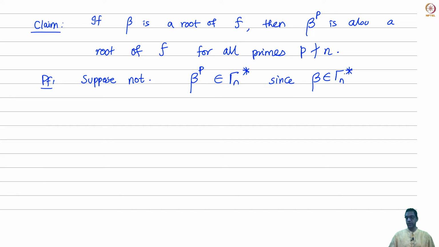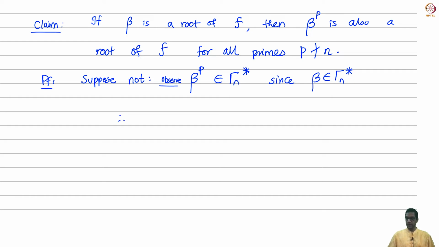Recall the definition: primitive nth roots of unity are those elements of Gamma_n whose order is n. So if beta has order n, and I raise beta to a power p which is relatively prime to n, then this also has order n.